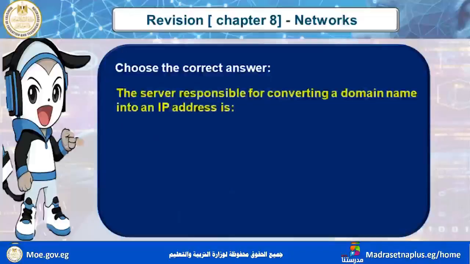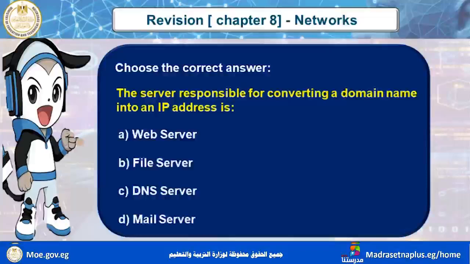Choose the correct answer. The server responsible for converting domain name into an IP address is web server, file server, DNS server, mail server. DNS server is the correct answer.